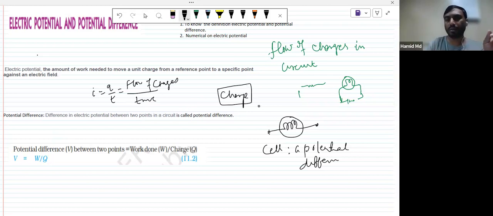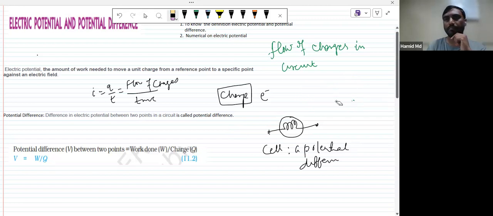In other words, we may say electrons, the negative charges. Instead of this metallic wire, if I connect this with a wooden block, will it work? No, sir. Why? Because it is a bad conductor of electricity.